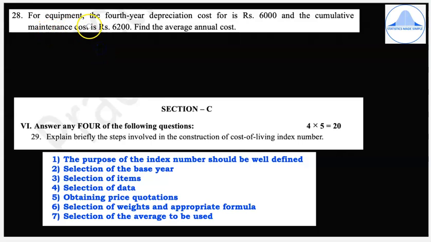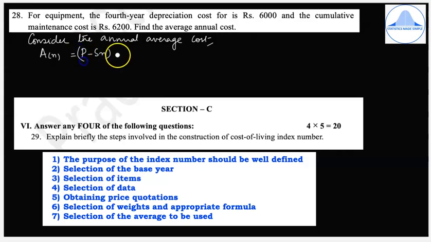28th question. For an equipment, the 4th year depreciation cost is rupees 6,000 and the cumulative maintenance cost is rupees 6,200. Find the average annual cost. So consider the annual average cost. AN is equal to P minus SN plus summation Ci divided by N. So which implies A for N, you substitute 4, that is the 4th year.